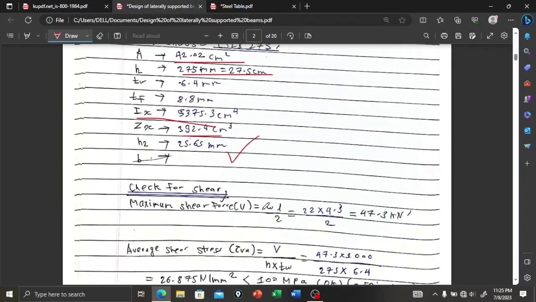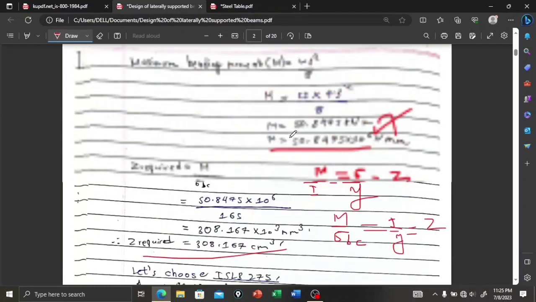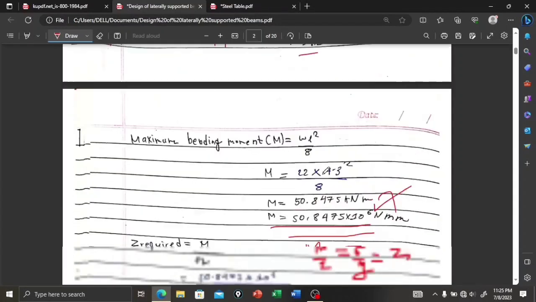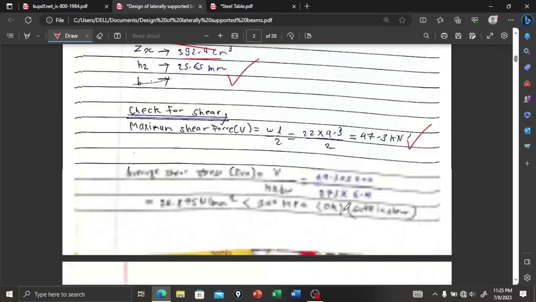Check for shear. Maximum shear force is WL by 2. W is 22 and length is 4.3. 22 into 4.3 by 2, that is 47.3 kilonewton.